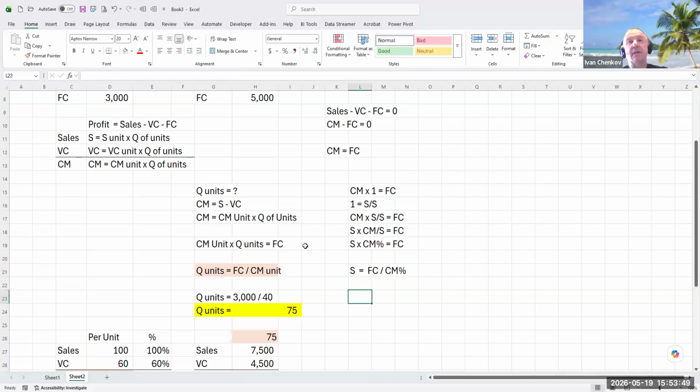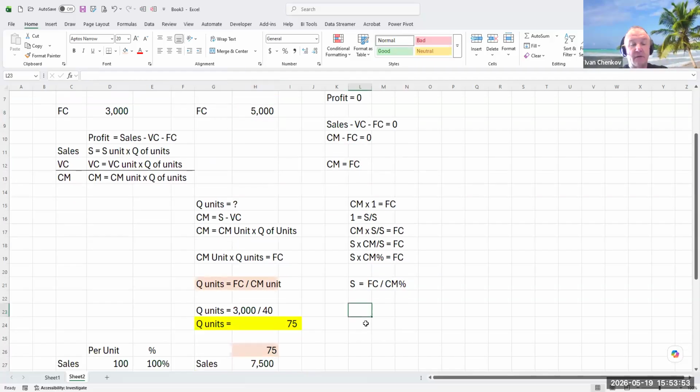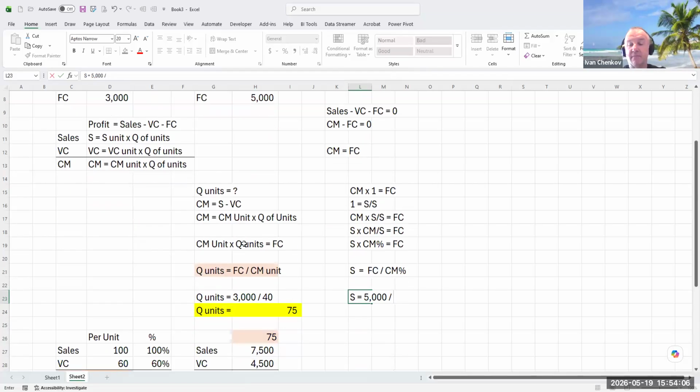So let's think about it and let's try the formula. My sales should be equal to, if my fixed cost is 5,000, divided by contribution margin, which we already know is 40%. How much should my sales be?